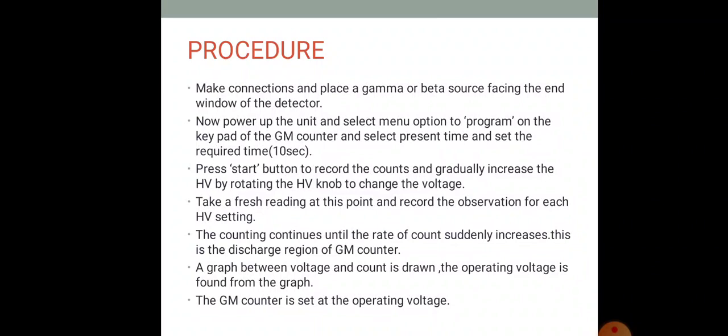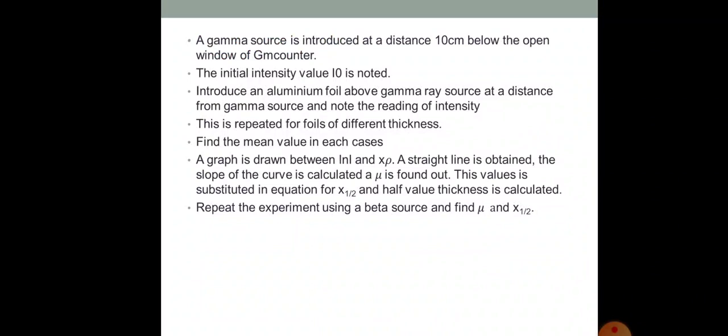By drawing a graph between voltage and count, the operating voltage can be determined. By setting that operating voltage, a gamma source is then introduced at a distance of 10 cm below the open window of the GM counter, and the initial intensity I0 should be noted. Then introduce an aluminum foil above the gamma source and note the reading of intensity.